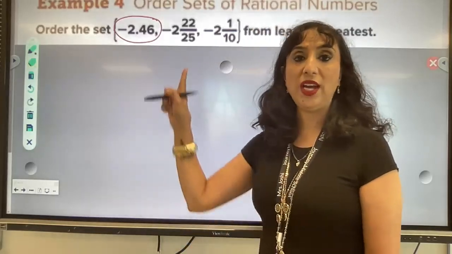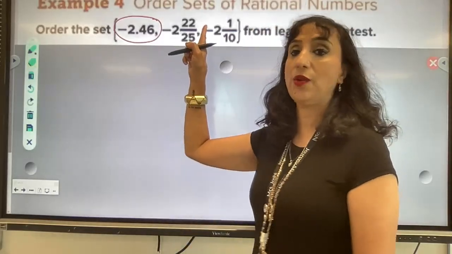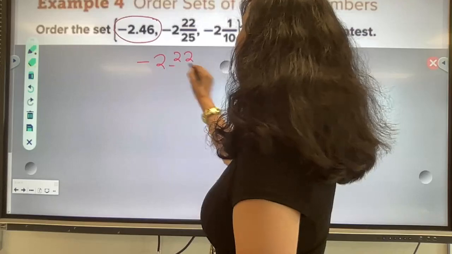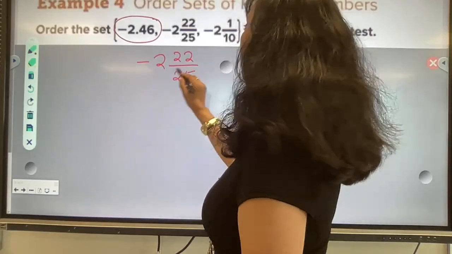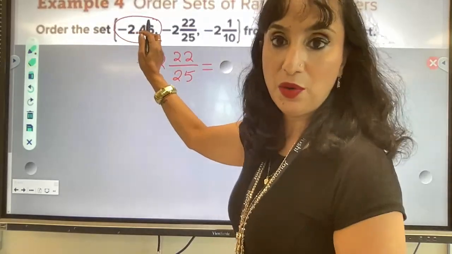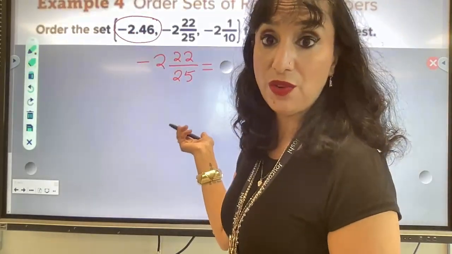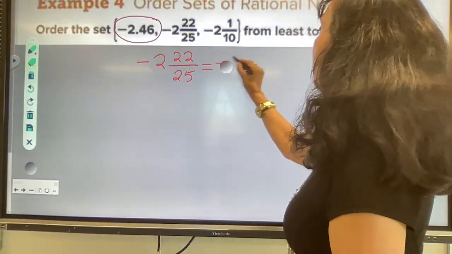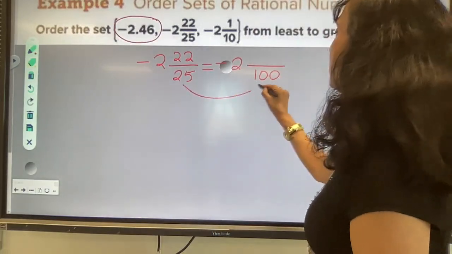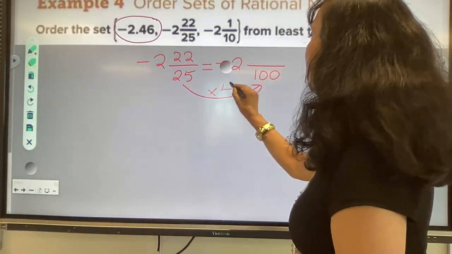Okay, so I'm going to change negative 2 and 22/25. So I'm going to change this one into the decimal format. So I'm going to make my denominator 100 over here. Okay, so I get negative 2, and if I give this as 100, what is this? 25 times 4.